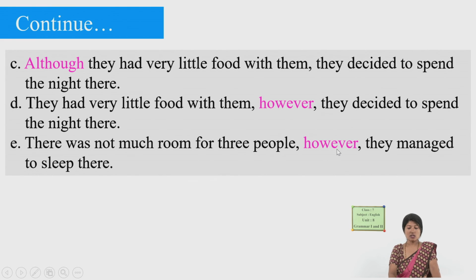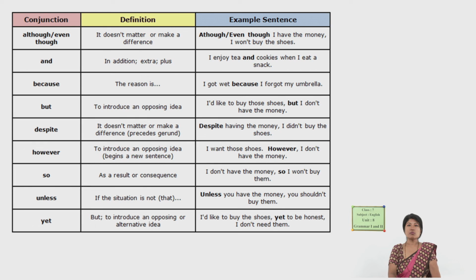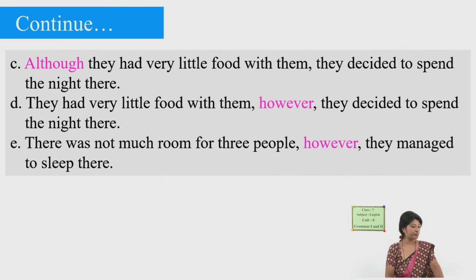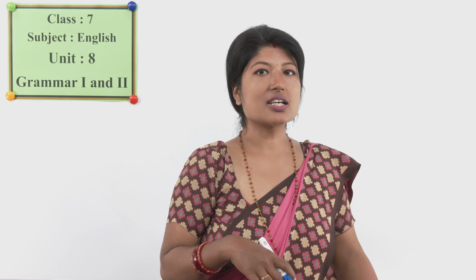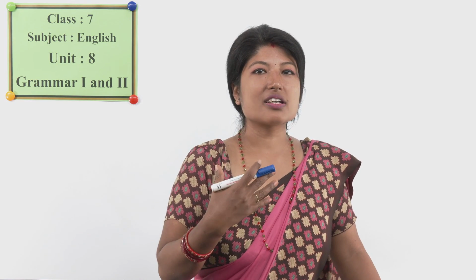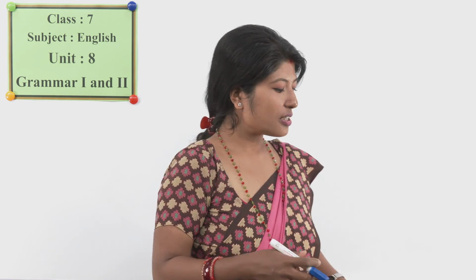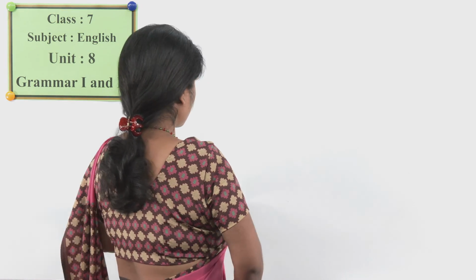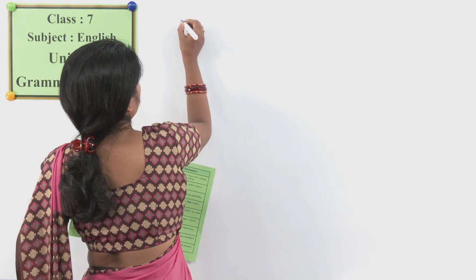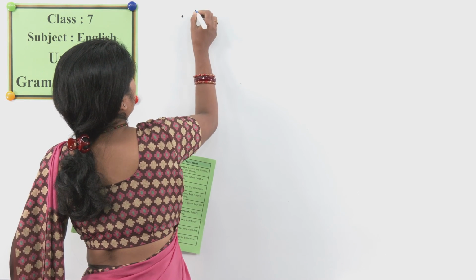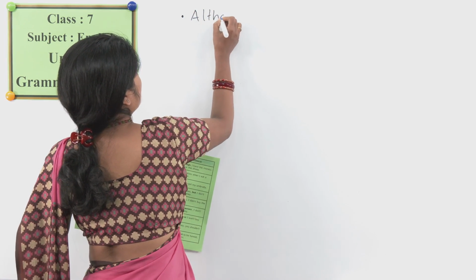Okay, let's talk more on these connectives. I'll give you some sentences, examples, so you can be clear on this topic. Let me write on the board. Use of although.